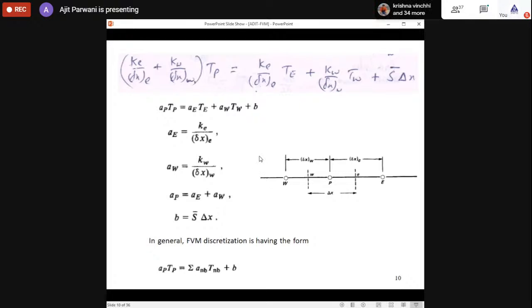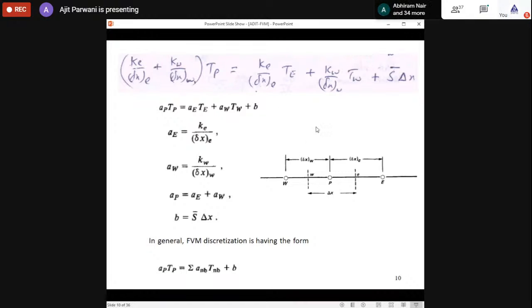In general, if it is a two-dimensional or three-dimensional problem, the discretized equation is written in this form: APTP is equal to the summation over neighboring points of A neighbor T neighbor, plus B. For a two-dimensional problem, some more terms get added, like AETE plus AWTW plus ANTN plus ASTS.